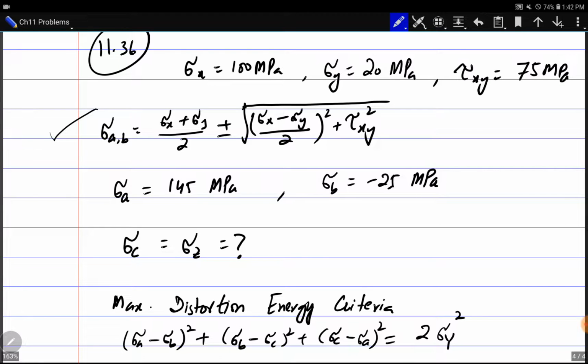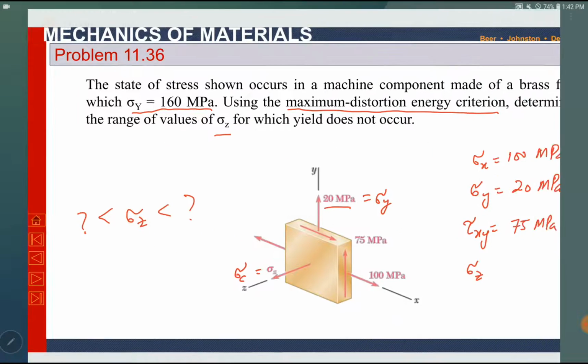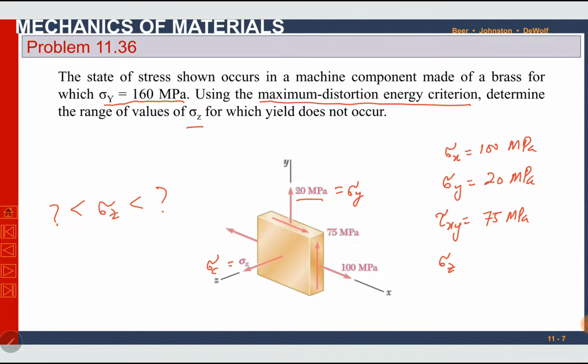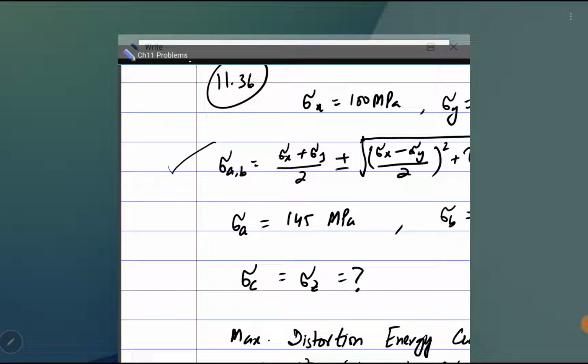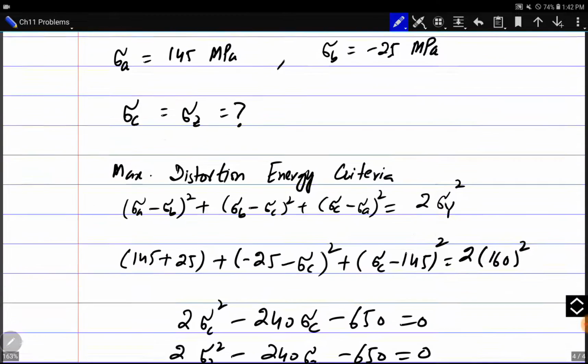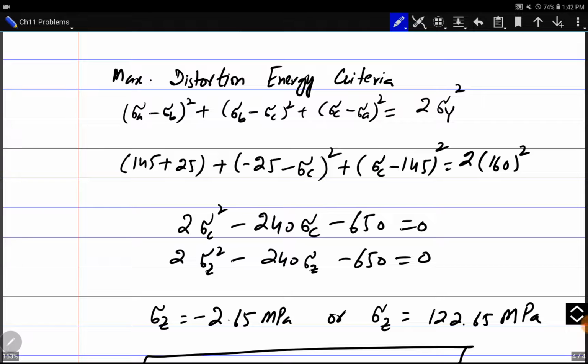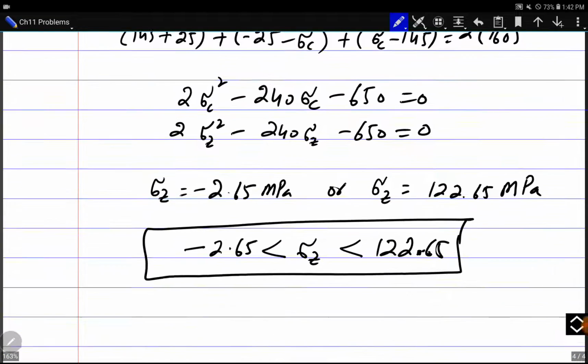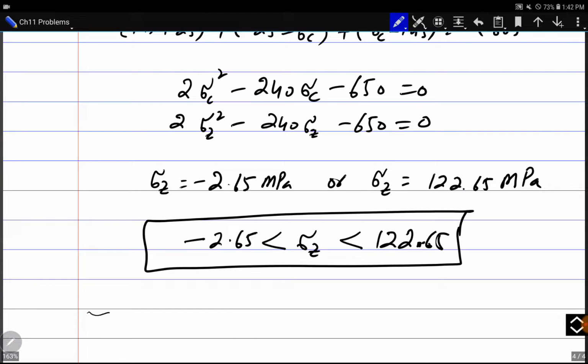Sigma C is in the Z direction and there is no shear stress there, so sigma C is sigma Z itself. When there is no shear stress, normal stress is principal stress. So by putting all the principal stresses in the maximum distortion energy criteria, we have found sigma C or sigma Z. The two values of sigma Z are the range of sigma Z.